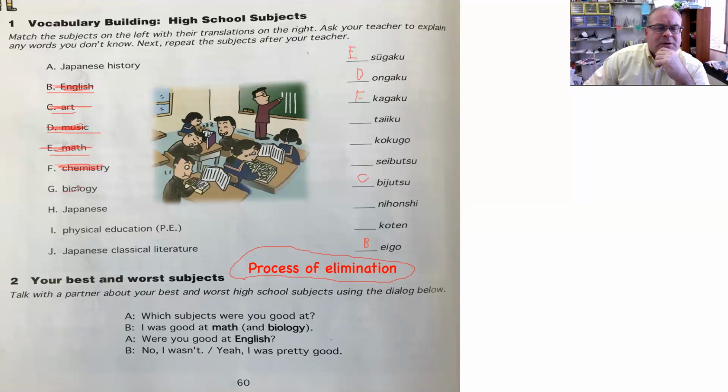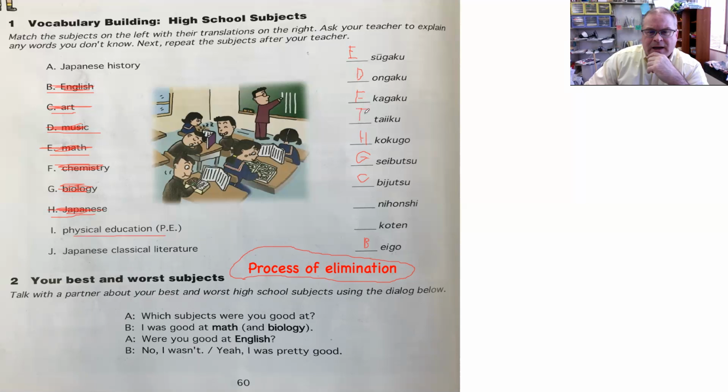Okay, biology, seibutsugaku. G, seibutsu, there you go. I have eliminated biology. Japanese is kokugo. H, kokugo, good. I've eliminated Japanese. Physical education, PE, that's taiku.